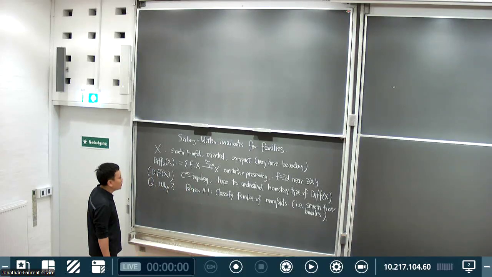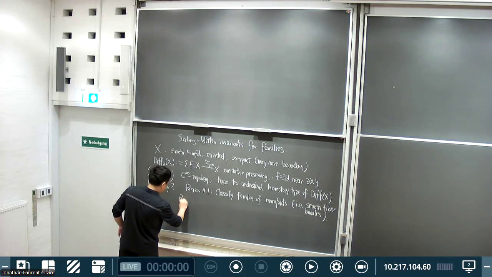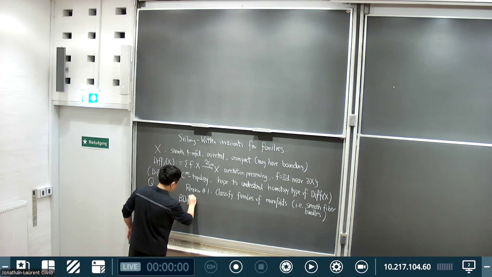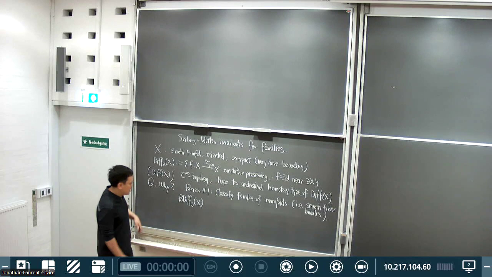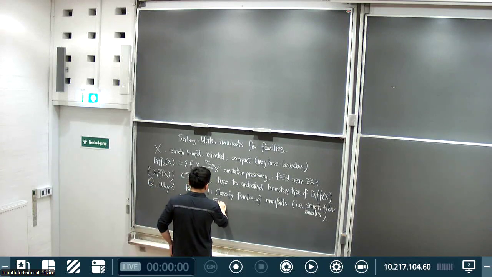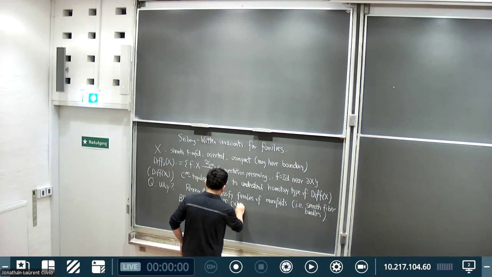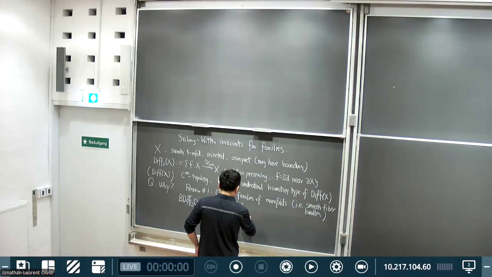So let's introduce some more notation. This is the classifying space of the diffeomorphism group. It's just defined as you take a contractible space with a free action and you take the quotient.